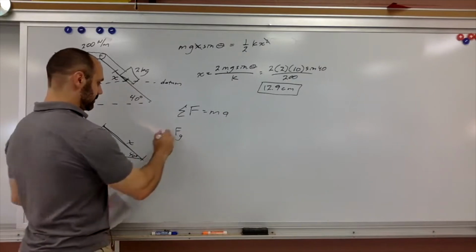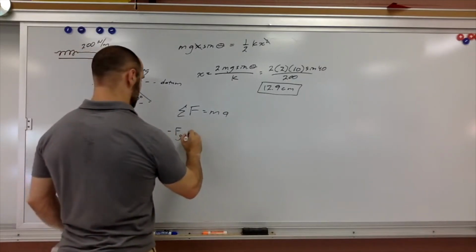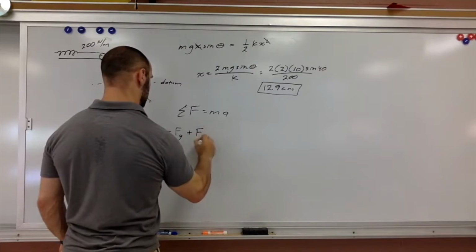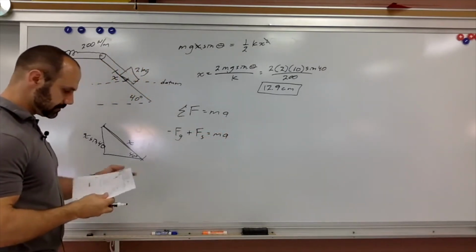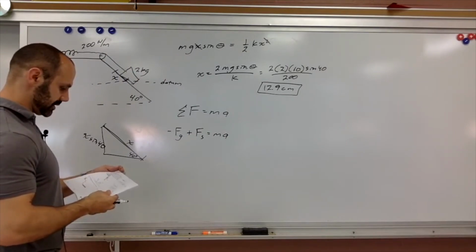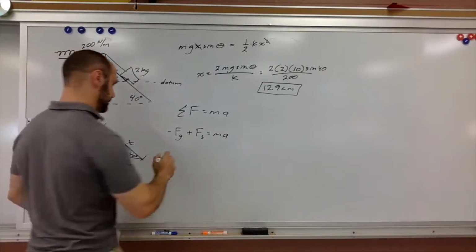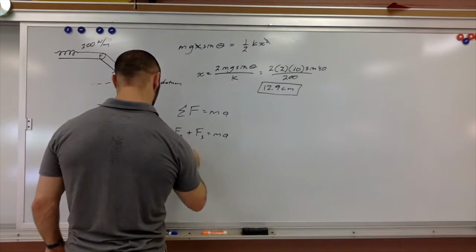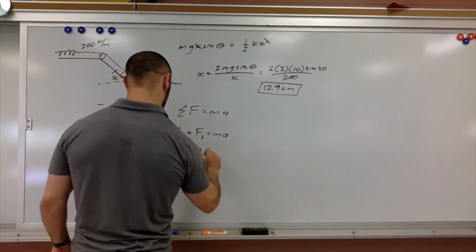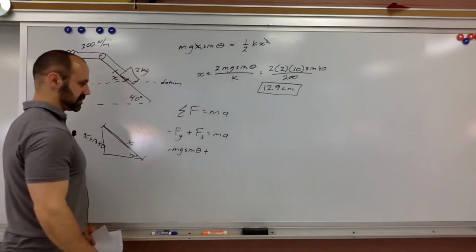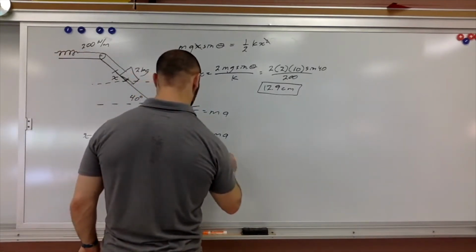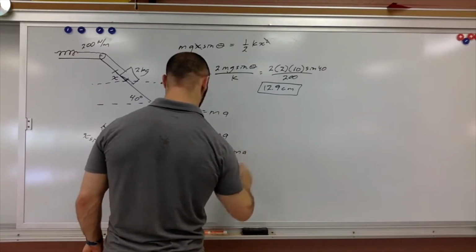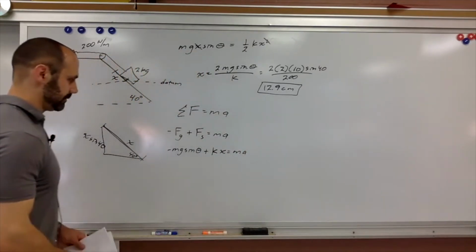We'll make this negative. Plus the force from the spring, that's going to equal ma. So the force due to gravity is mg sine theta. So negative mg sine theta, plus the force due to the spring, which is going to be kx, equals ma.